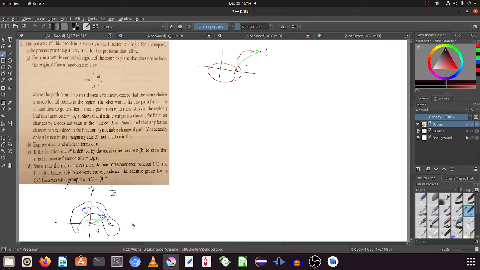What do you call a path really? Set of t, z1 of t and z2 of t. So first, the definition that it's well defined.